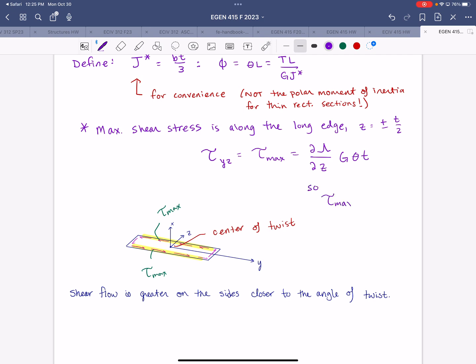So your max shear stress would be torque times the thickness divided by J star.